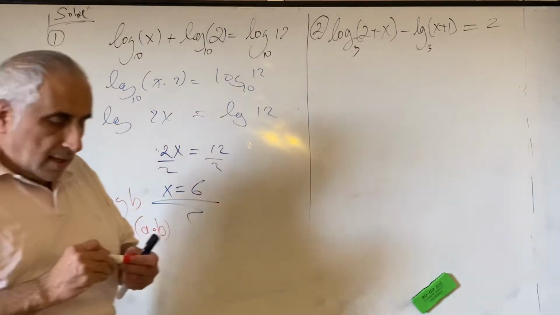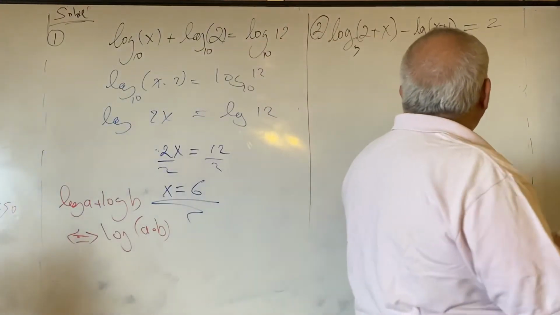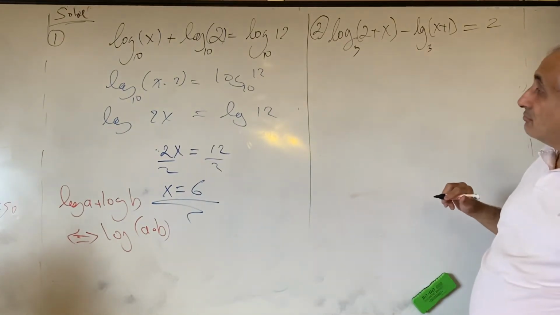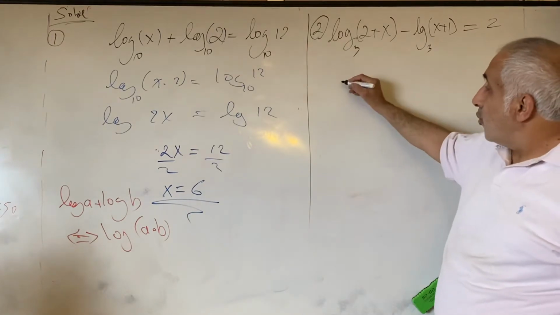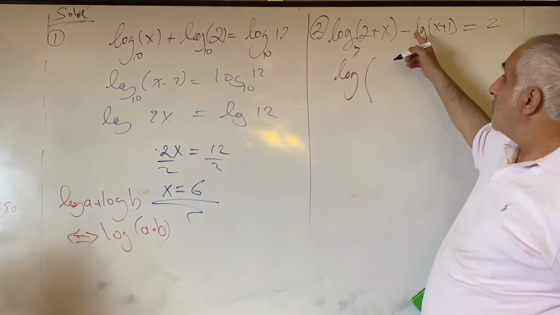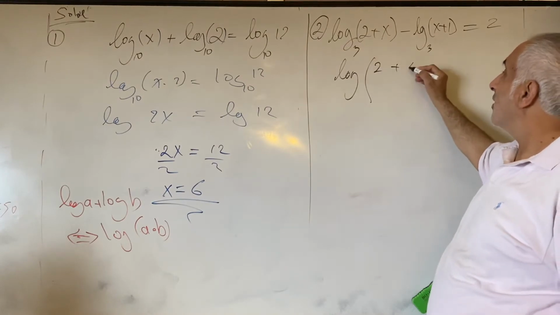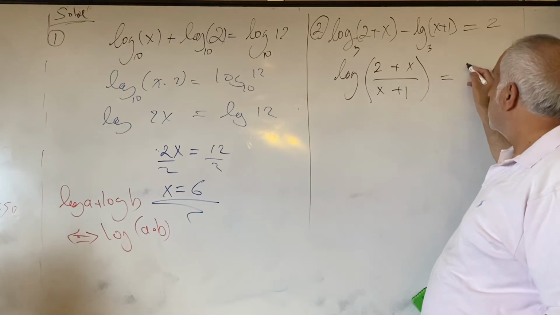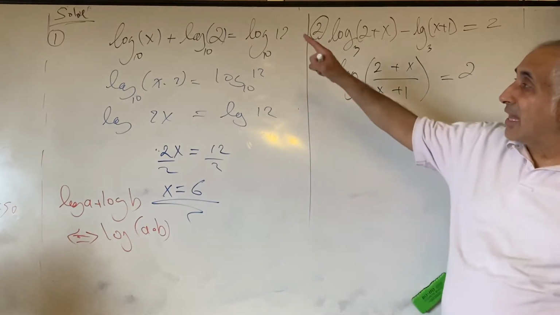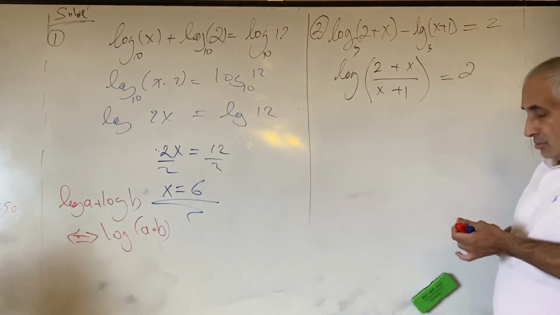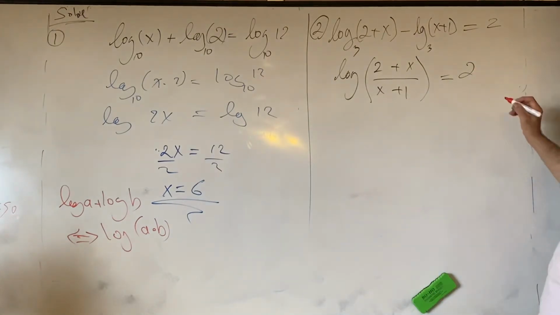That's a basic rule. And here, we have a minus over there. That's right. When we have a minus, ladies and gentlemen, it's good to remember, when we subtract, we divide. When we add, we multiply. So, maybe I should write it for you as a rule.